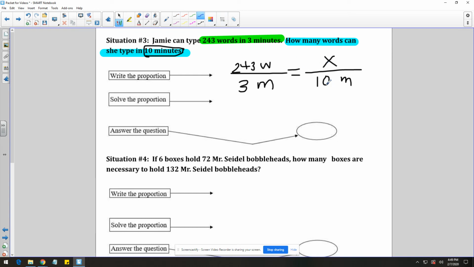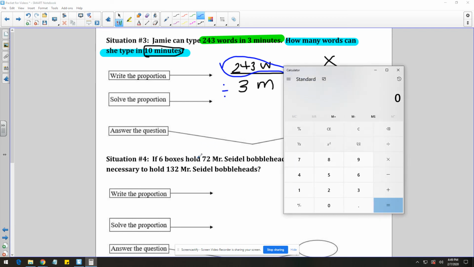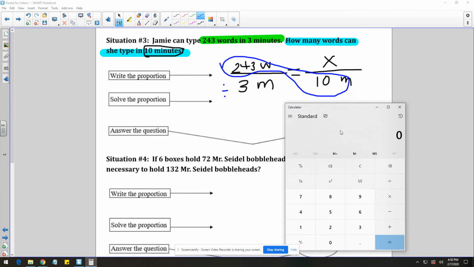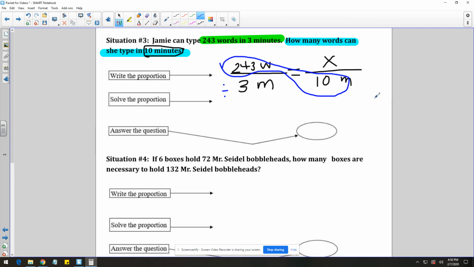And then I look and see which diagonal do I know both values of, and it's this one. So I'm going to do 243 times 10, and then I'm going to divide by 3. So I'm going to grab my calculator right here, and I've got 243 times 10 gives me 2,430, and then I divide that by 3, and I get 810. So this missing number is 810 words in 10 minutes.